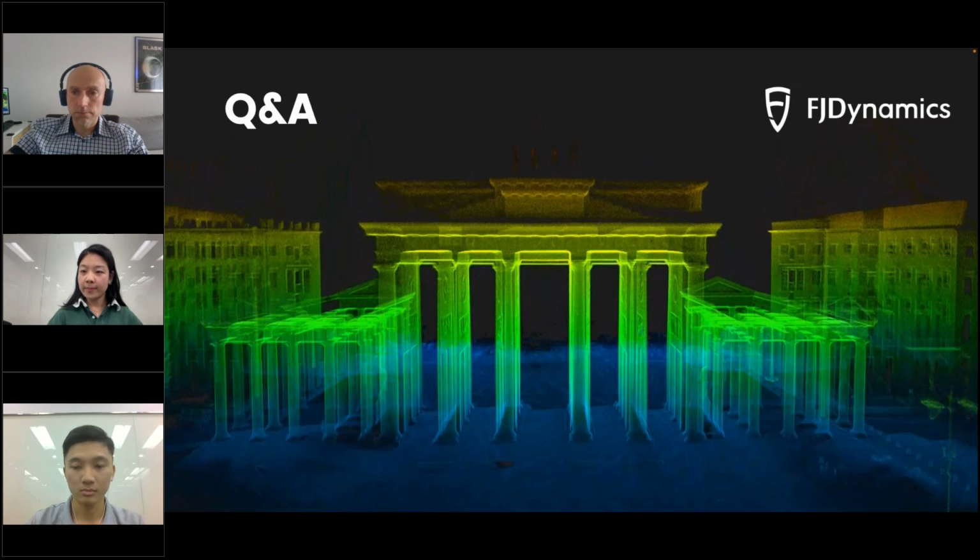All right, thank you. And then another question from Nick. Are the control points used to register the scan missions measured with the total station? I think yes, right? Yeah, that's right. We do have some, yep.